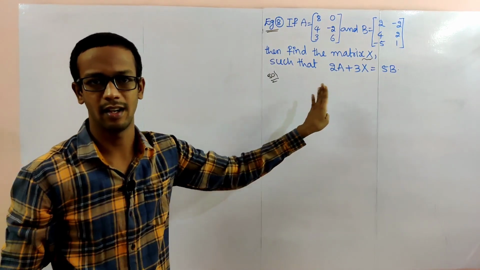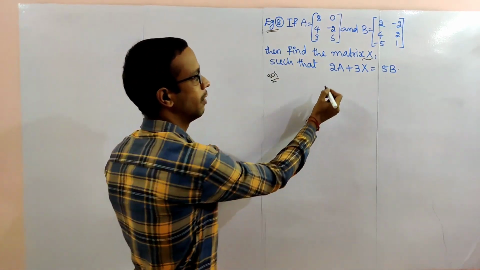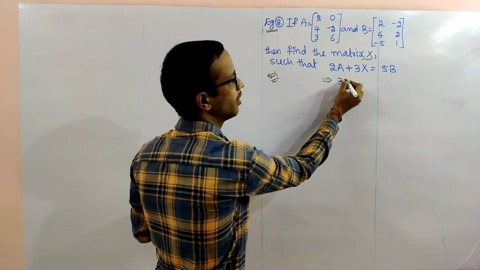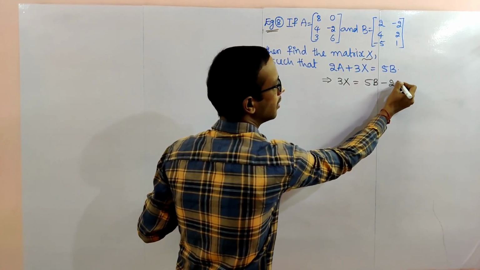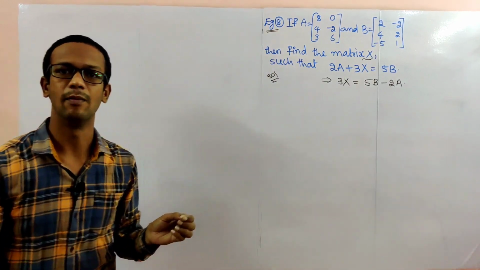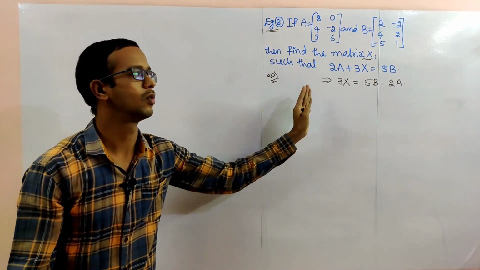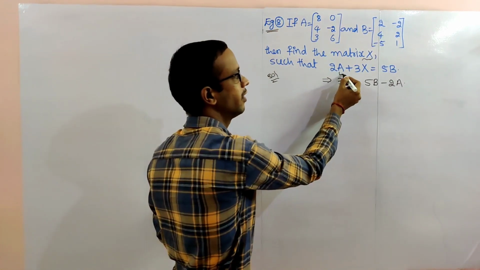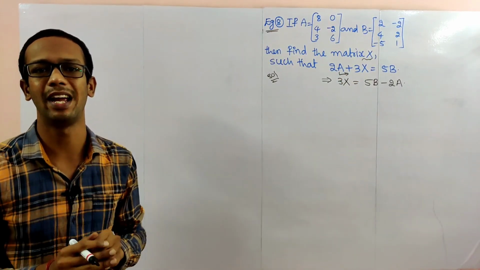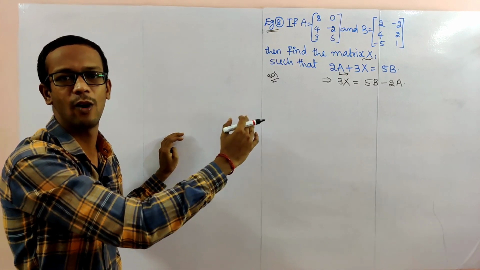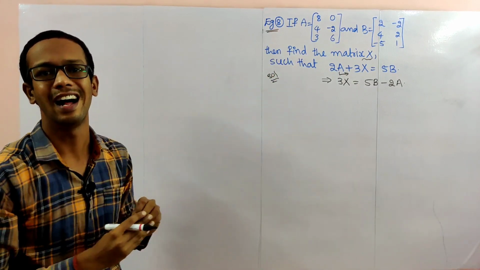All matrices are there in this equation. So I will make direct simplification. 3x is equal to how much you will get? 5b minus 2a. Just 2a sending that side. Sir, why sending that side? I need X matrix. Only on the left side I will make X. Whatever extra is there, the total is sent to the other side.